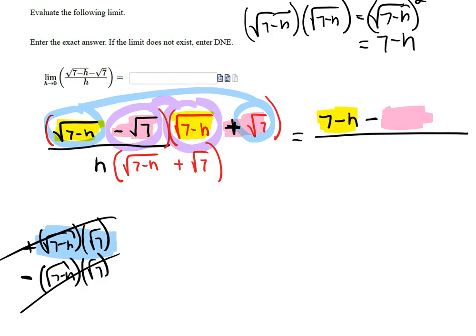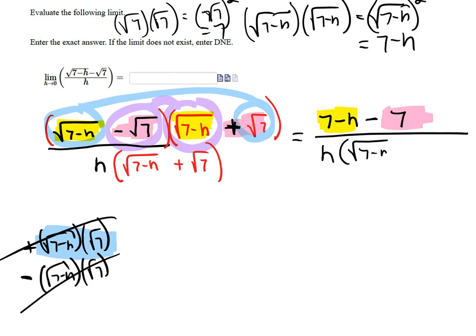And just like up here, if you take the square root of 7 times another square root of 7, that is the square root of 7 squared. So that's just 7. And then I'm going to leave the denominator as h times the square root of 7 minus h plus the square root of 7. Do not distribute, and you'll see why in a second here.